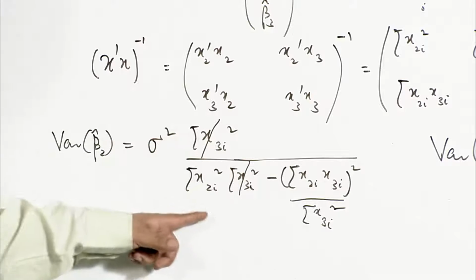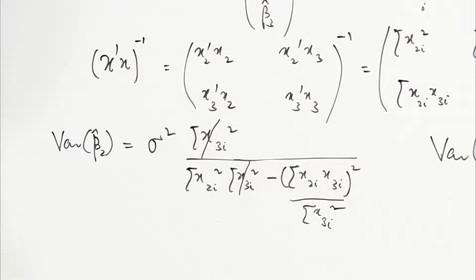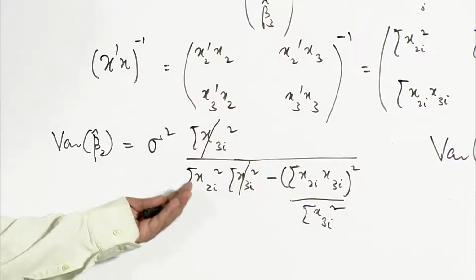So, you divide the numerator and the denominator by summation x3i square, then you take summation x2i square common.